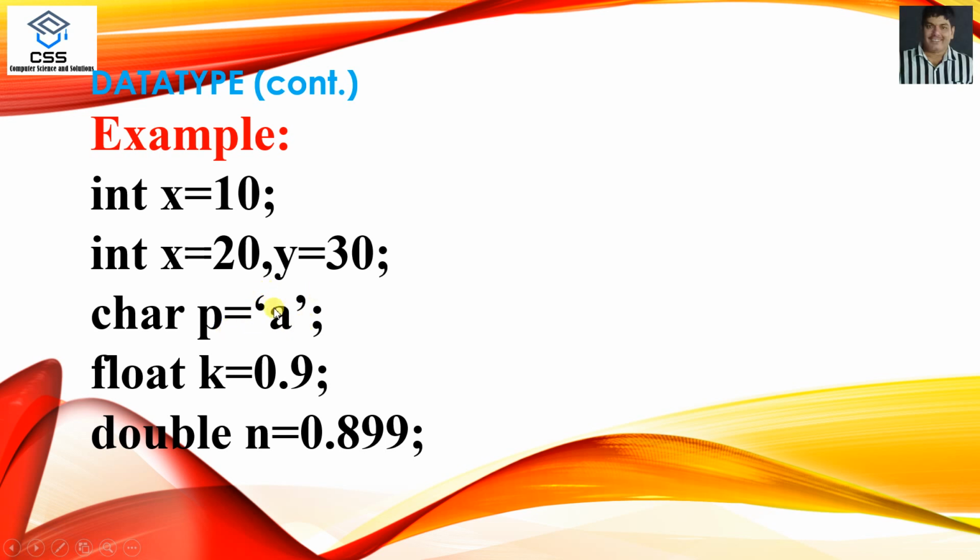Every time a character value should be placed within single quotes. Float, variable is k, equal to is the operator, 0.9 is the value as the constant. Double is the data type, n is the variable, equal to is the operator, 0.8999 is the value as a constant. Like this, many other data types and variables you have to declare in a similar fashion.